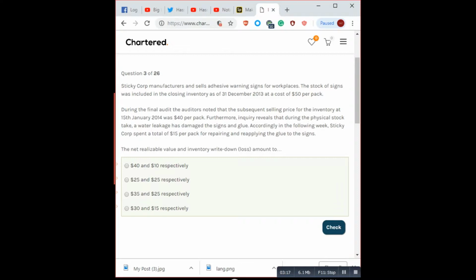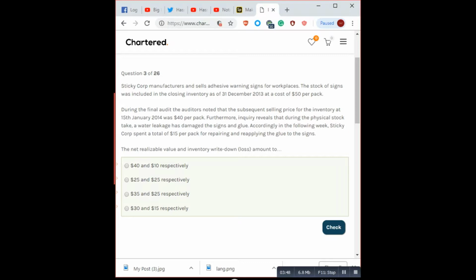The net realizable value and inventory write-downs amount to what? The net realizable value is the selling price minus the repair spending. The selling price of the inventory is 40 minus 15, which would be 25 for the net realizable value.